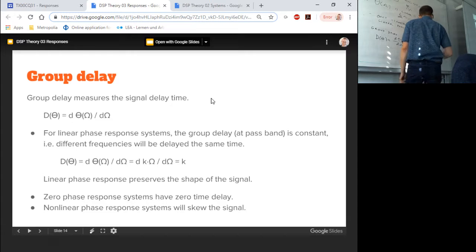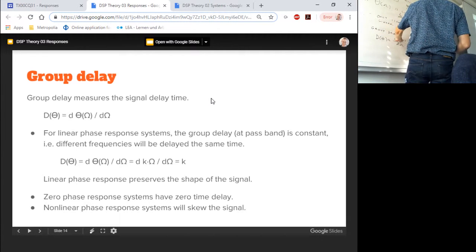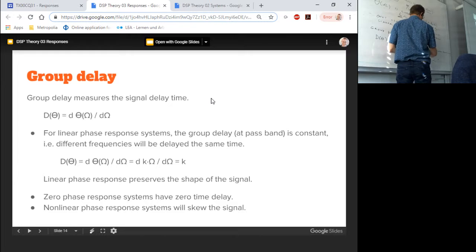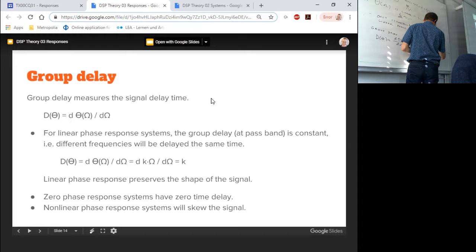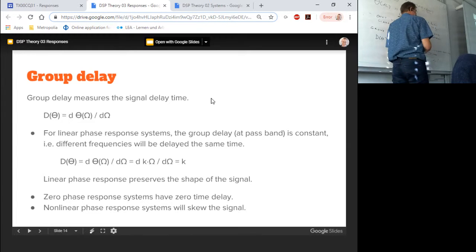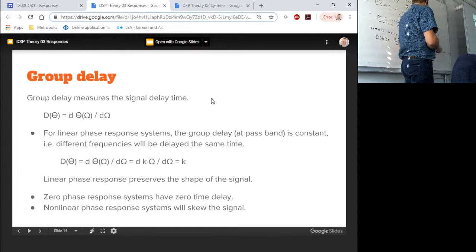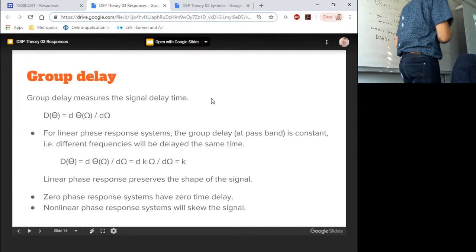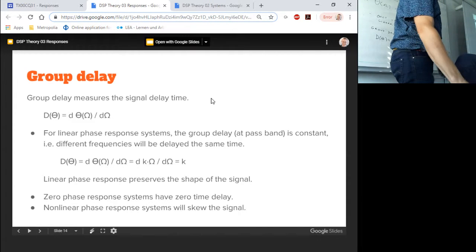Linear phase shift. But if you have a non-linear phase, the group delay usually shows something like that on the passband. So this tells you how many milliseconds or seconds later different components are coming out compared to each other. So what is the time delay of a signal at different frequencies to pass through the system.